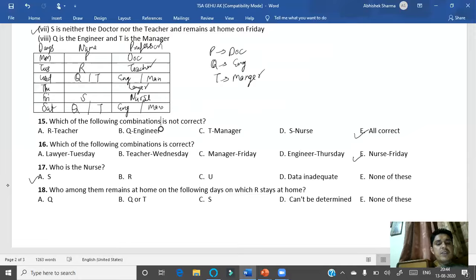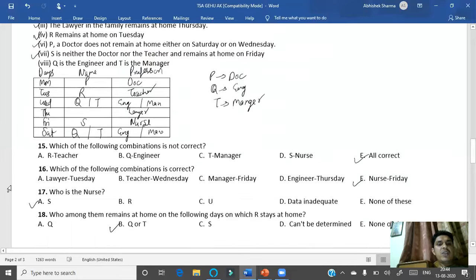Question 18: who among them remains at home on the following days on which R stays at home? So friends, after R, if we check, there are two people who are staying, Q or T. So any among Q or T can be at home, anybody can be there.